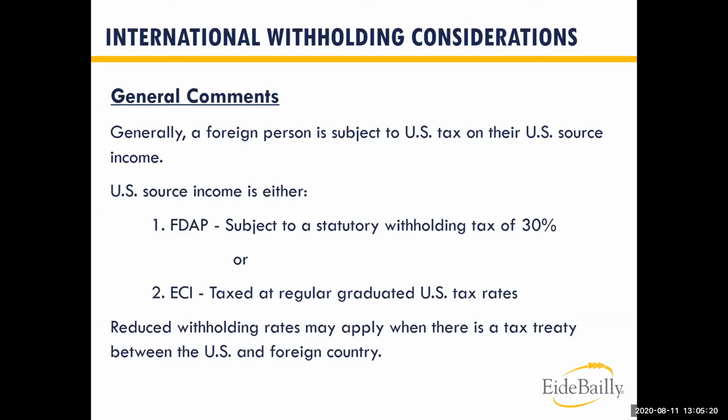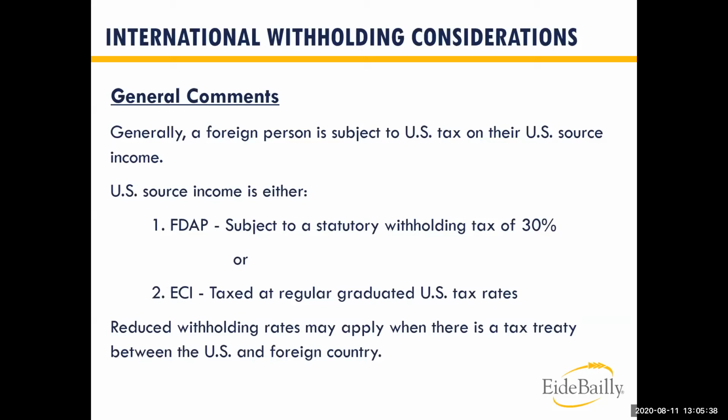Just some general thoughts on the withholding requirements. The whole purpose of the background behind this is that foreign persons are subject to U.S. tax on their U.S. source income.